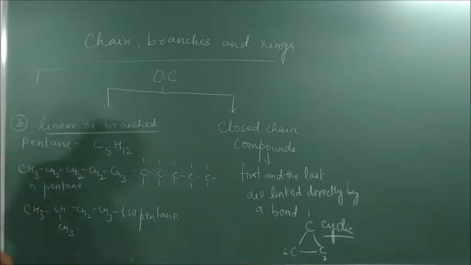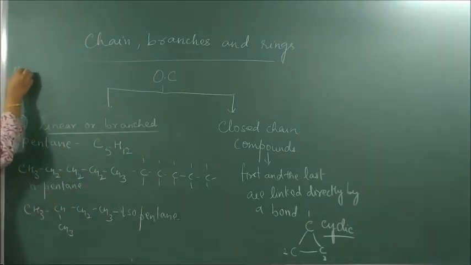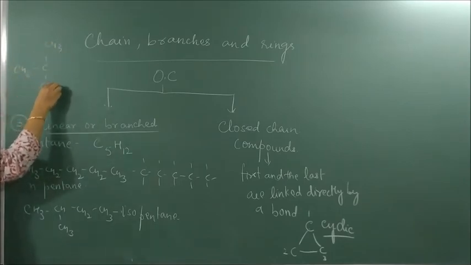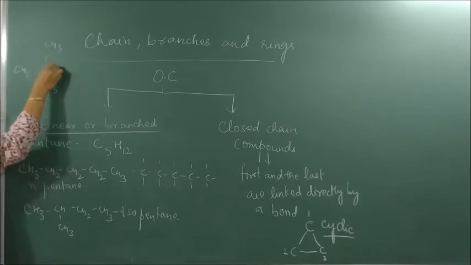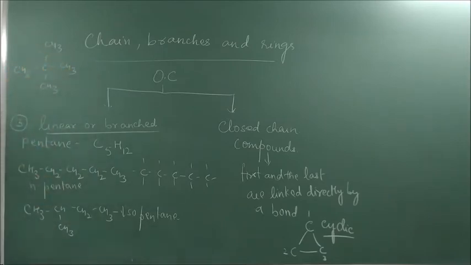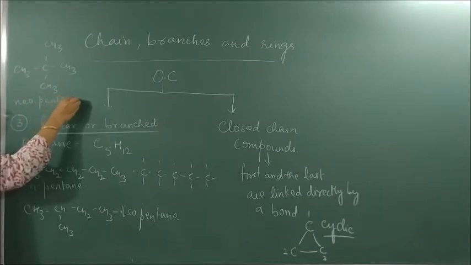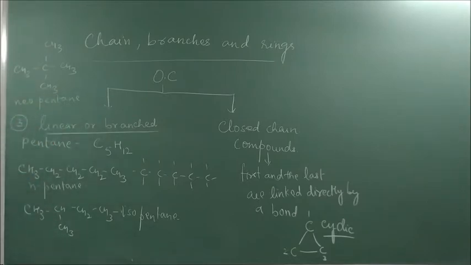Now I am drawing the third one here. So you see here CH3, C, CH3, CH3. 1, 2, 3, 4 and CH3. This will be called what pentane? Neopentane. So is it clear? Understood how to draw?